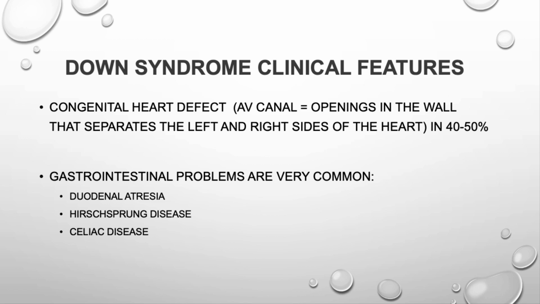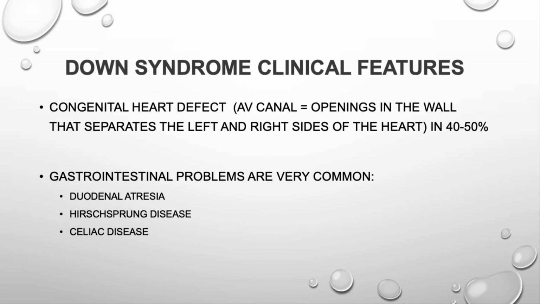Common in Down syndrome is the congenital heart defect, and that needs to be assessed and addressed for every single child with Down syndrome, because sometimes it could be silent, so may not have a murmur, may not show much of an issue. So all of these children need something that is called an echocardiogram. Heart problems can be seen in up to 50% of the patients.